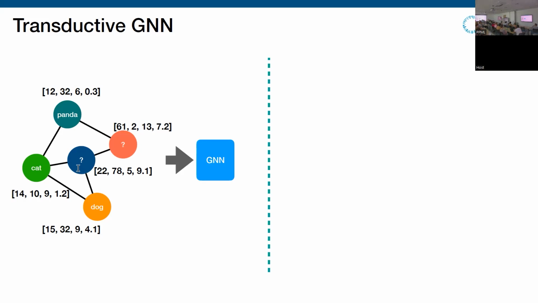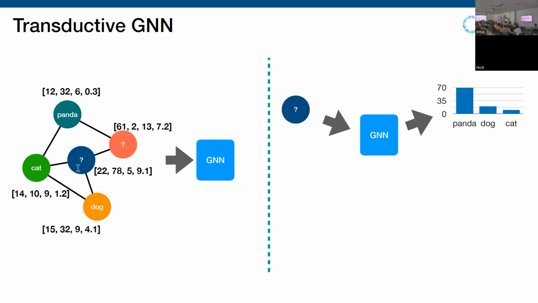Then we use the whole thing to train the GNN. Once the GNN is trained, your prediction task is simple, only two tasks. First, I want to predict the label of the blue node. Second, I want to predict the label of the red node. That's my only task. Why is it called transductive setting or semi-supervised learning?